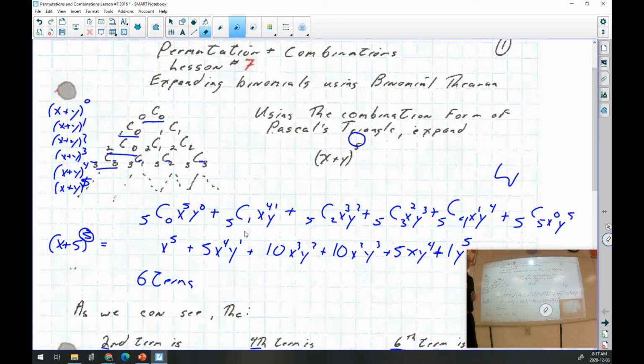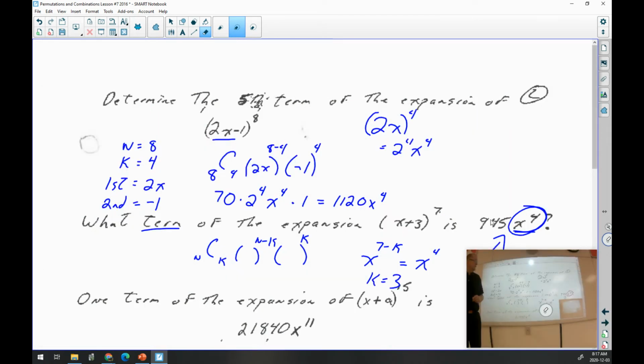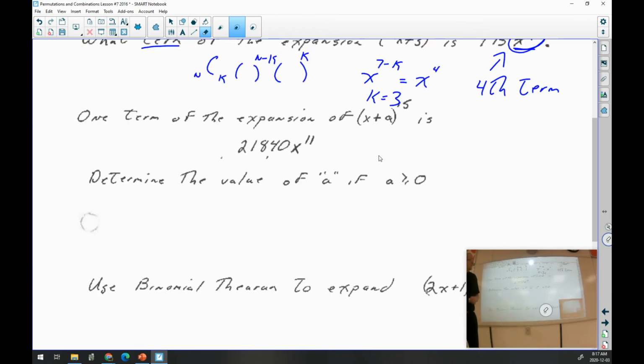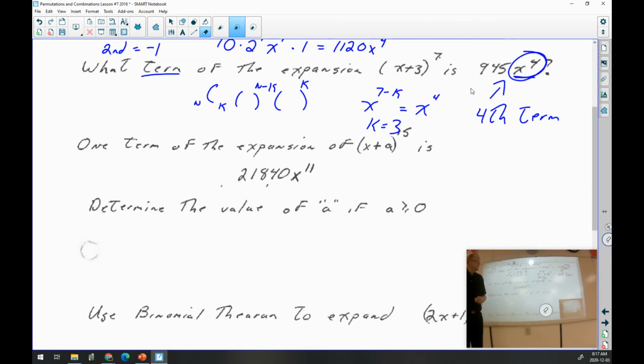Our first term within any expansion is going to be n choose 0. So the 17th term will be n choose 16 because of our starting point. That's the pattern that we developed through Pascal's triangle. Now, so again, the 4th term, and we don't need anything else for that.